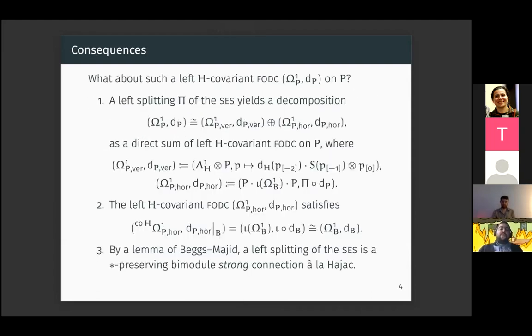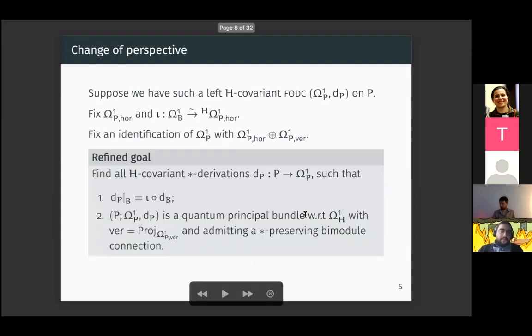So this is all well and good, but what I want to do is hone in on the problem and specialize a little bit. I propose a refined goal coming from a change of perspective, which comes from spectral triples and unbounded K theory. Suppose we have such a covariant differential calculus on the total space.